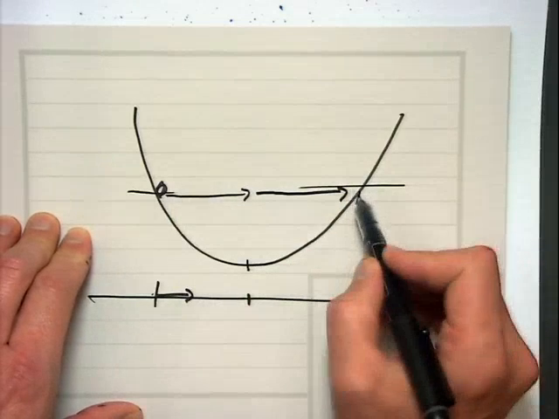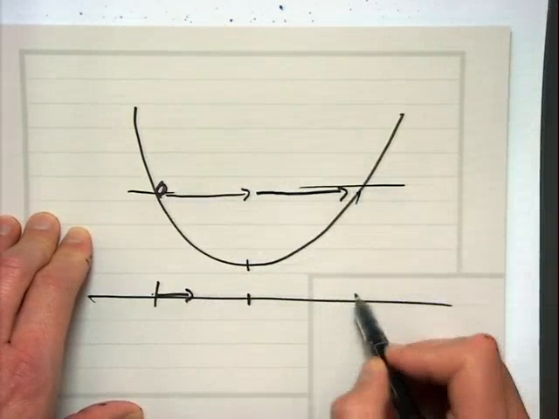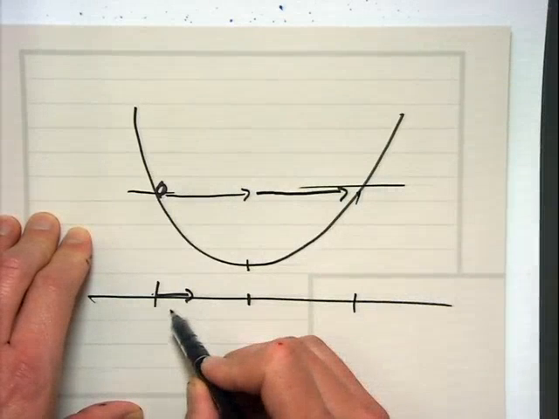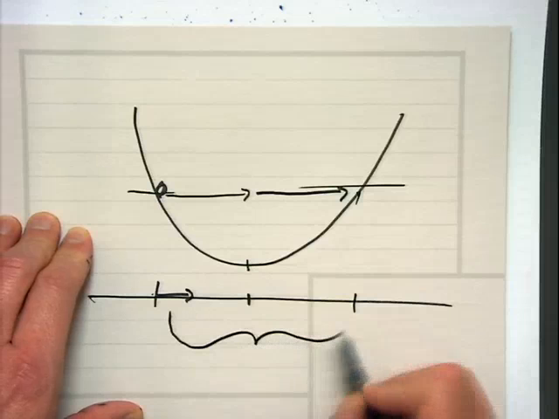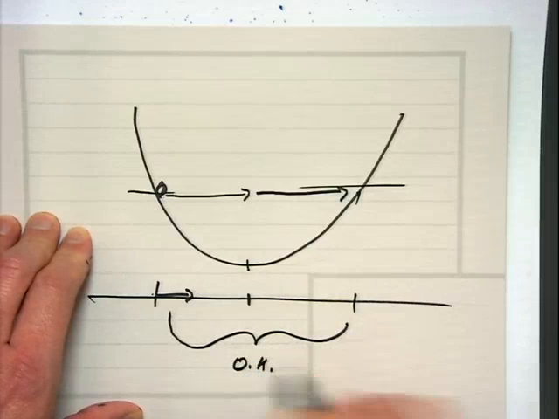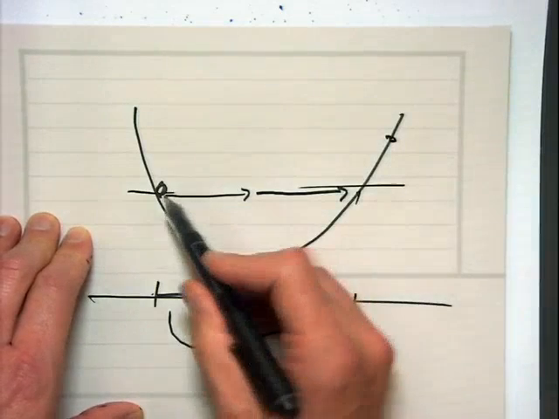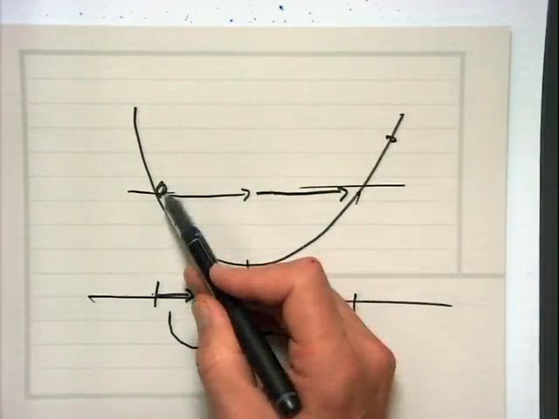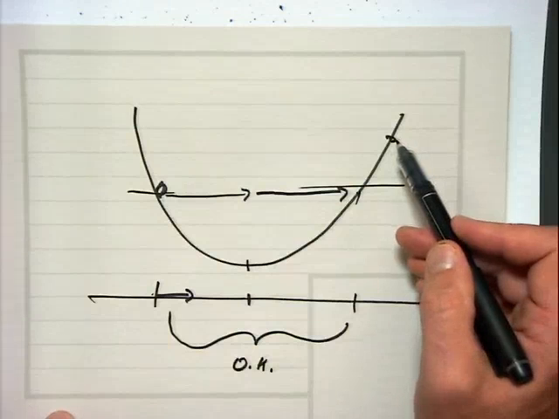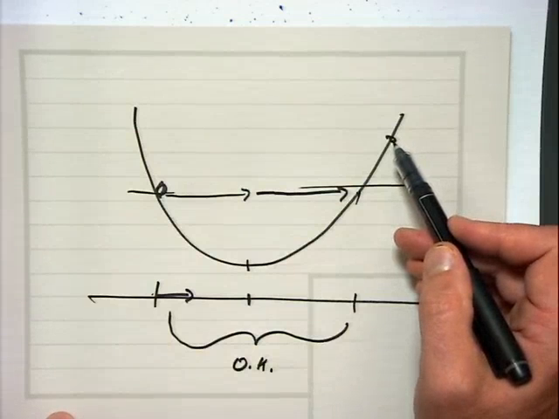Then you can get by with it over here. As long as you fall in this region, you're okay. But if you go beyond there, up to here, now you're actually worse off after the update than you were before you started.